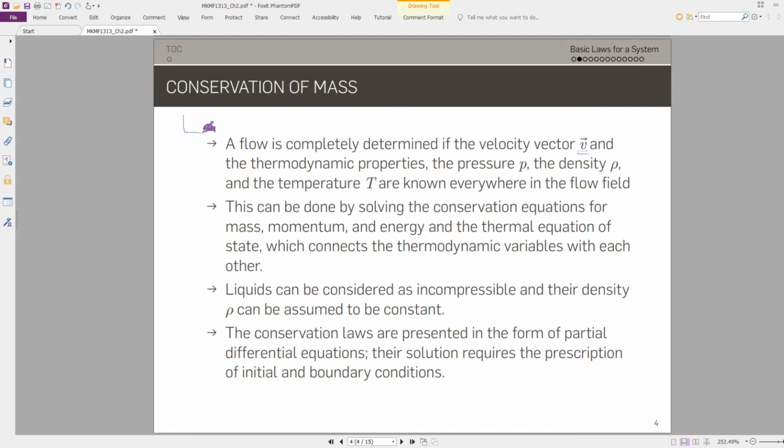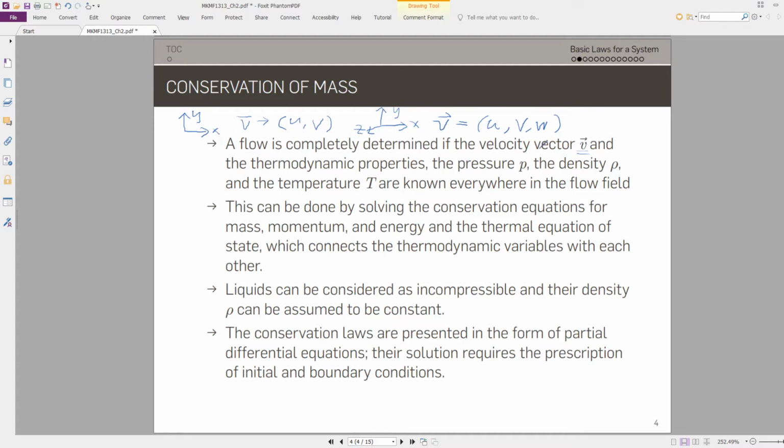If we are dealing with two-dimensional space, x and y, then our velocity vector will be a function of the velocity in the x direction, which we call u, and the velocity in the y direction, which we call v.